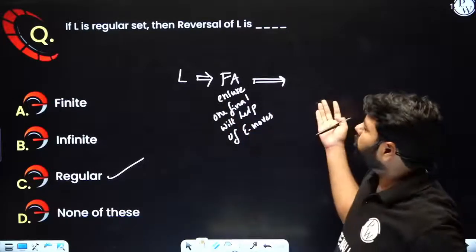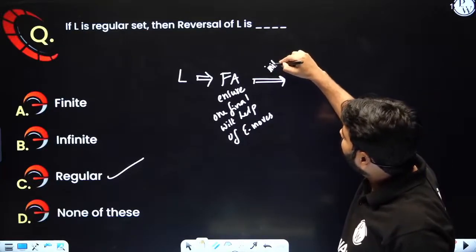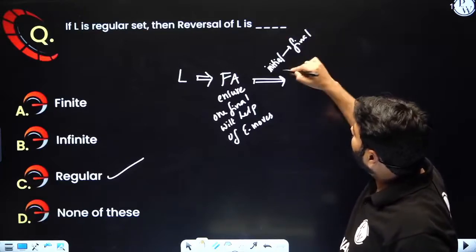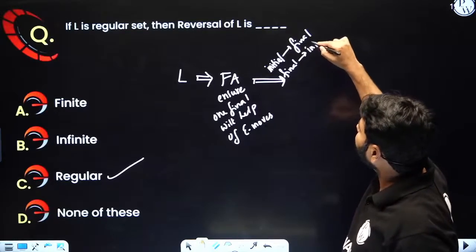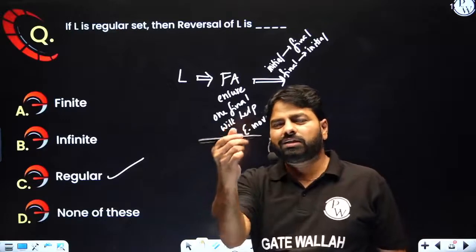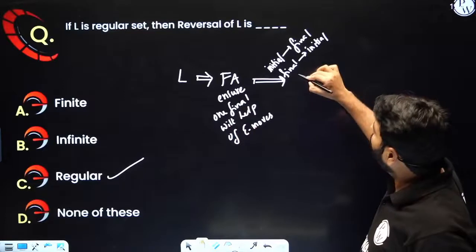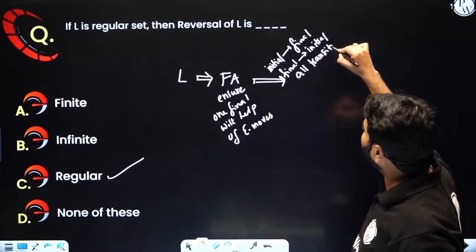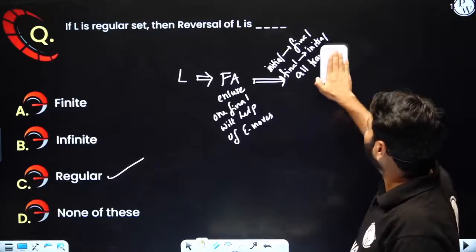Then you are going to interchange initial and final. One initial, one final is the concept. Make the initial a final, and make the final the initial. Interchange, that's it. And every edge that you see in the DFA or finite automaton, just reverse it. All transitions, or you can say edges, better.